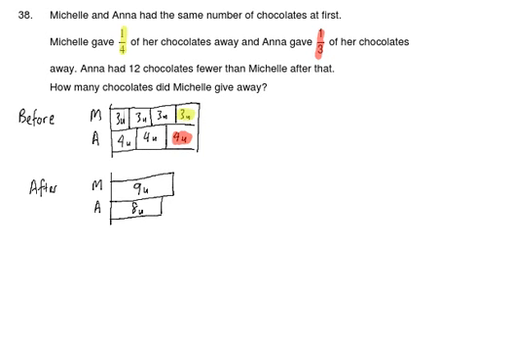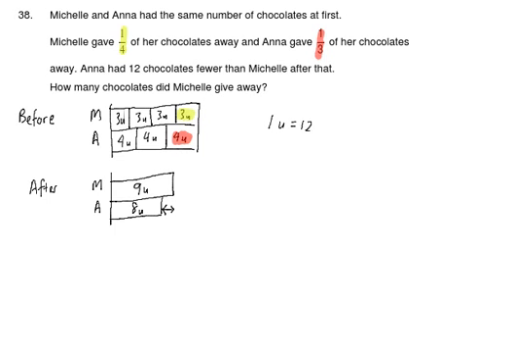Okay, so we know that Anna has 12 fewer than Michelle after that. So, Araki, give me the equation. 1 unit equals to 12. So, what is the question asking for?